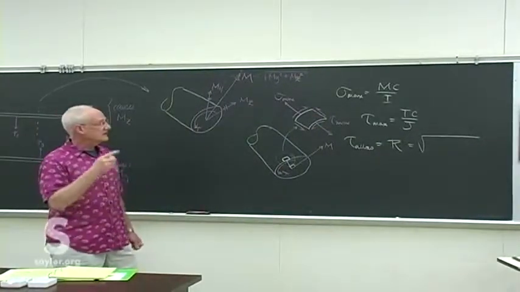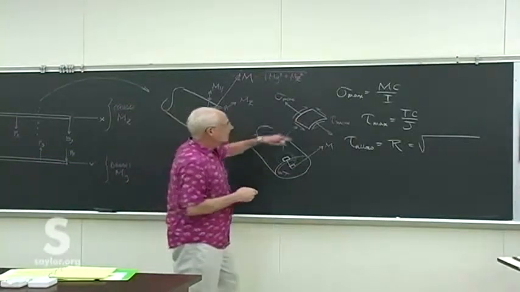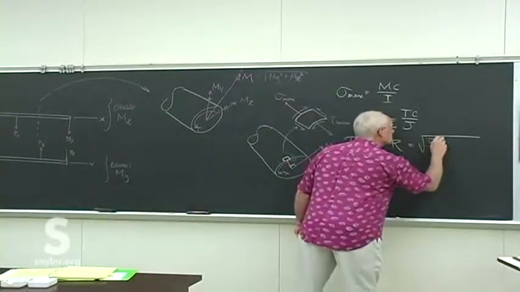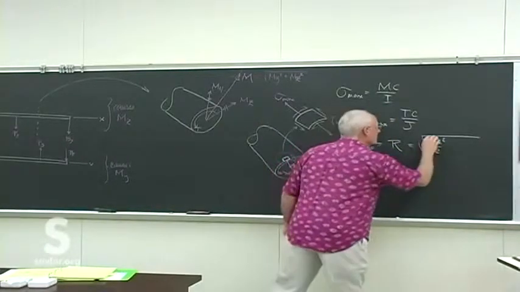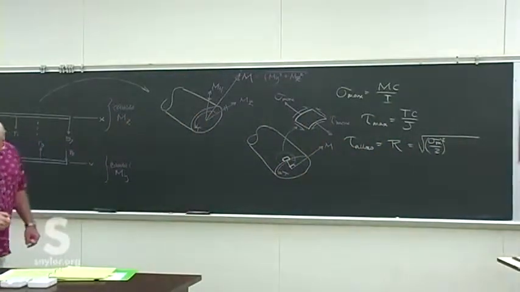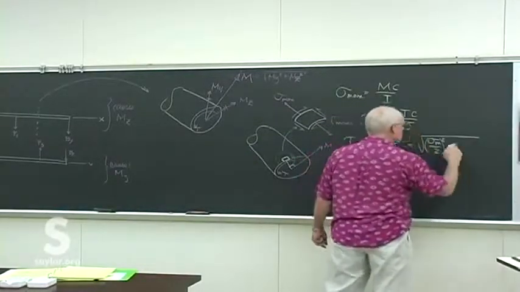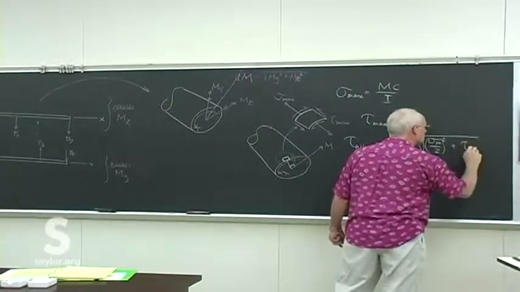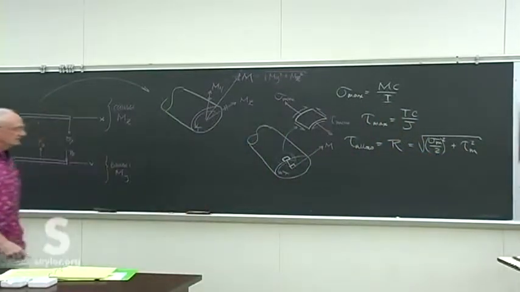Sigma diff was sigma maximum minus sigma minimum over 2. So that's sigma m over 2 squared, whereas this is the sigma m up there. I'm just condensing the picture a little bit.